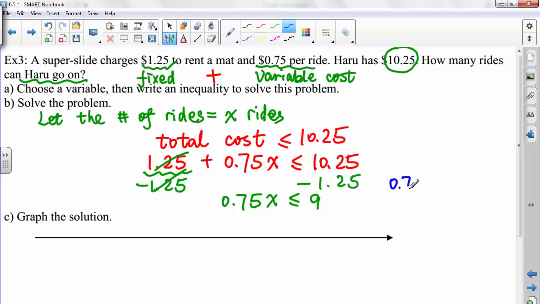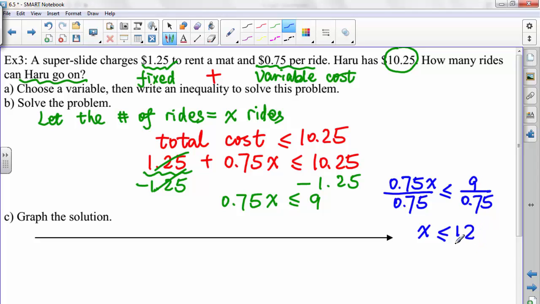Since 0.75 is a positive number, when you divide both sides by this positive number, there's no need for you to change the inequality sign either. So we will have x is less than or equal to 9 divided by 0.75, which is 12 rides.